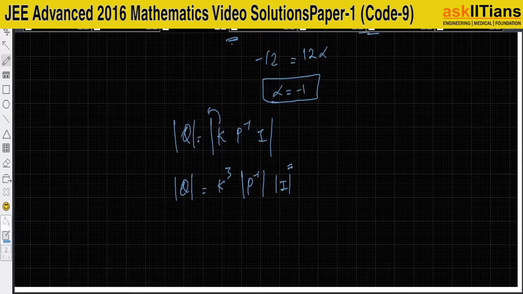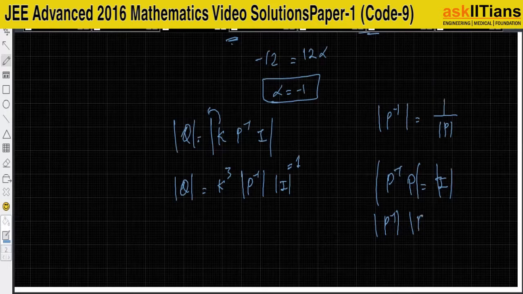Determinant of I is 1, and determinant of P inverse, now again we know a property that determinant of P inverse is nothing but 1 by determinant of P. If you don't know this property, simply we know P inverse into P is I. We can take determinant both sides. So this will be determinant of P inverse into determinant of P is equal to 1. Now I can take this to the other side.